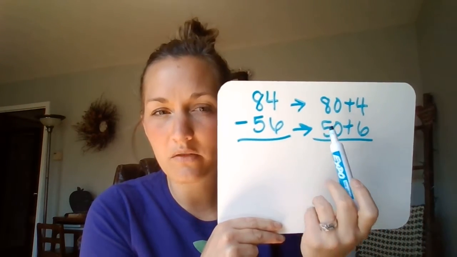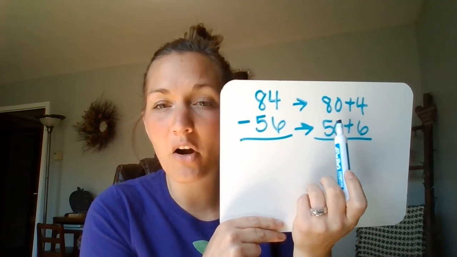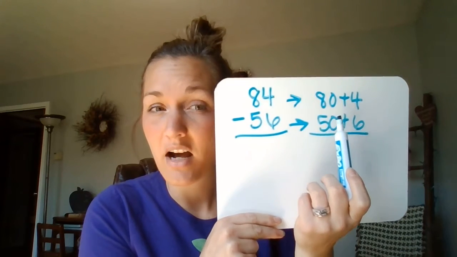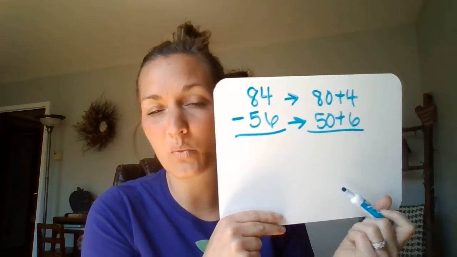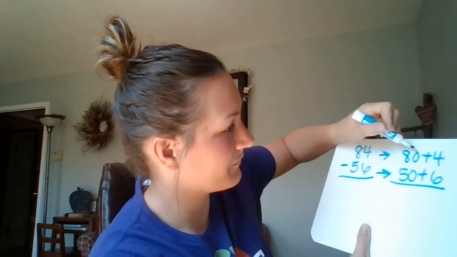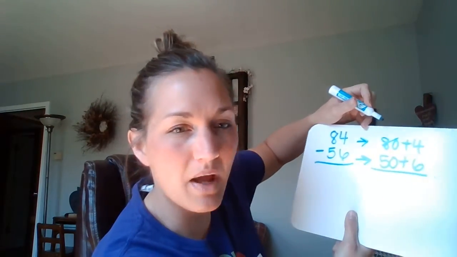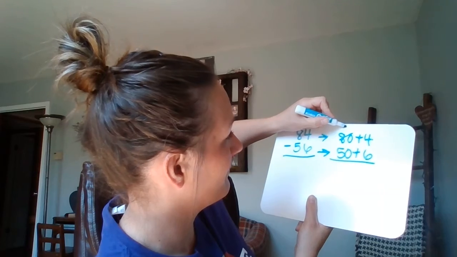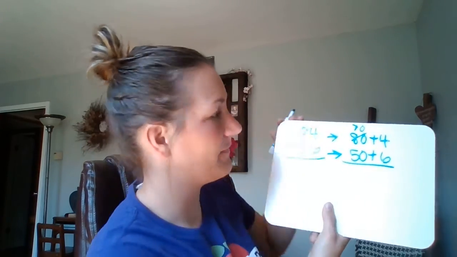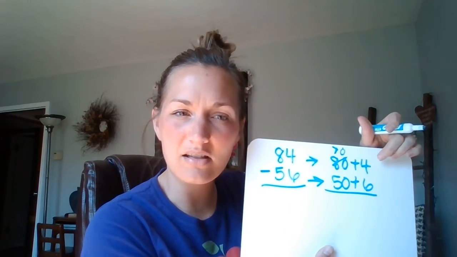So we have to go over to our neighbor here from the 80 and we have to borrow or trade a whole 10. So we're going to cross off the 80. And if we take 10 away, it becomes 70. Okay, now when I take those 10 away, I add it to this number.